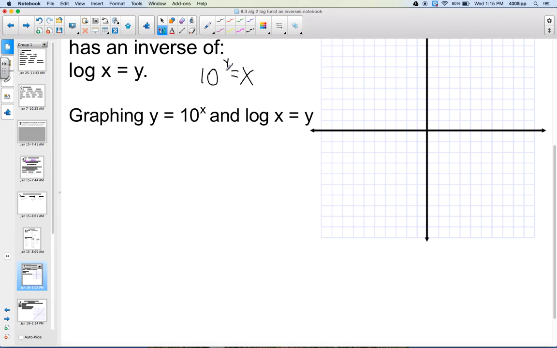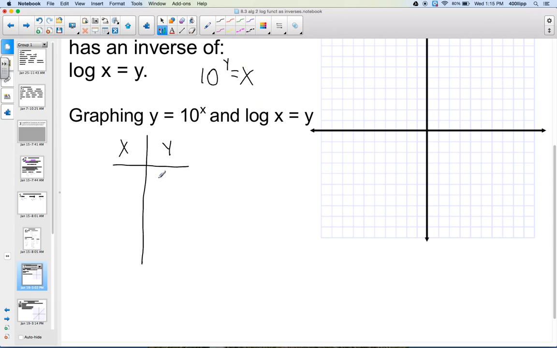And now if you notice, y is now in the exponent. So what's going to happen is it's going to now be easier to plug in y values and then solve for x. So if your y is in your exponent, you're going to plug in values for y.